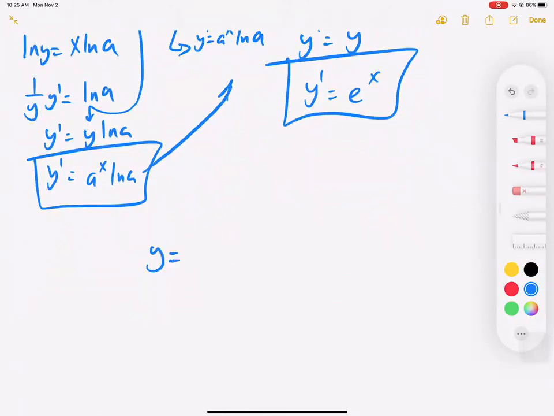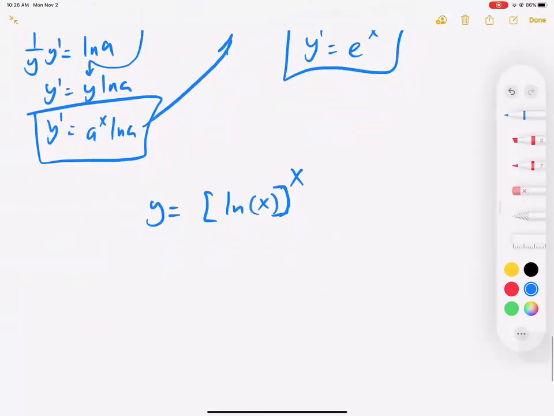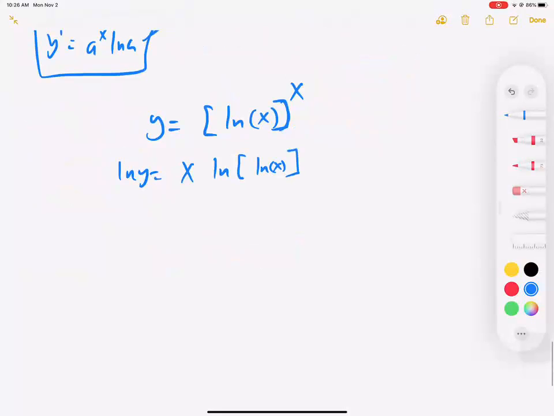y is equal to natural log of x to the x power. Okay, we natural log both sides. x ln of ln of x, right? And then we take the derivative of this. The derivative of natural log is 1 over y times y prime.